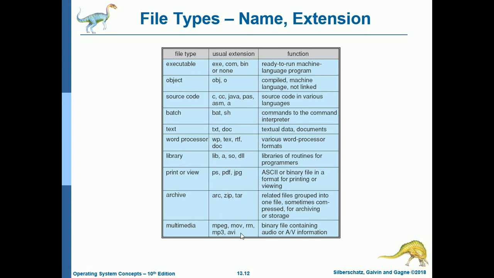So there are many files, for example, for audio or for videos. So this is the multimedia file type. Music and movies or videos are categorized as multimedia file type.